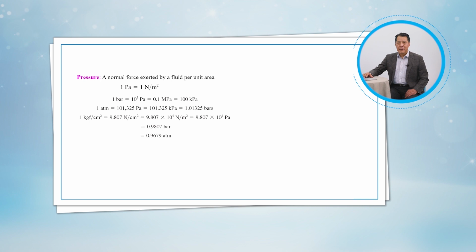Therefore, its multiples kilopascal and megapascal are commonly used. Three other pressure units commonly used in practice, especially in Europe, are bar, standard atmosphere, and kilogram force per square centimeter.